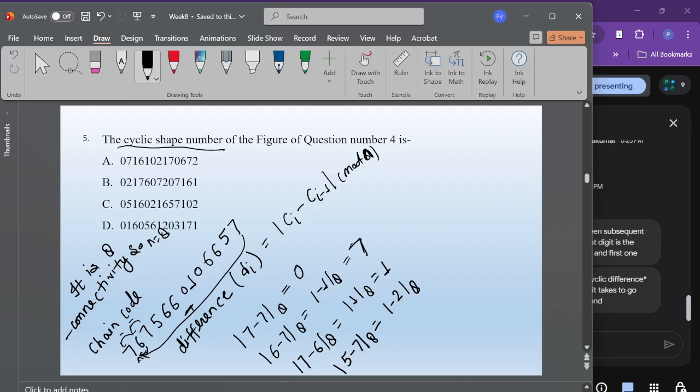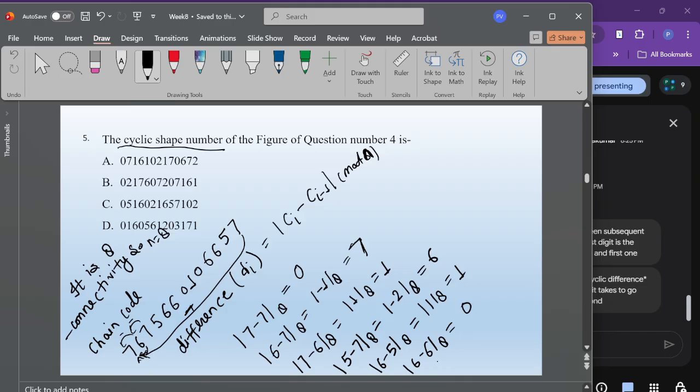If you just make the difference, you will get 8 minus 2, 6. Now again, 6 minus 5 mod 8, so here you will get 1. Now next one is 6 minus 6 mod 8, so here you will get 0.